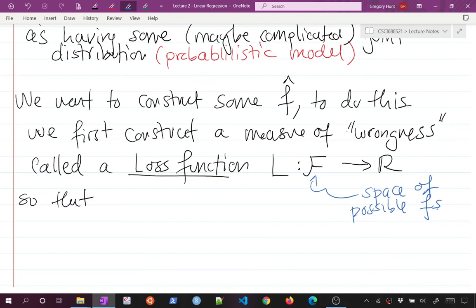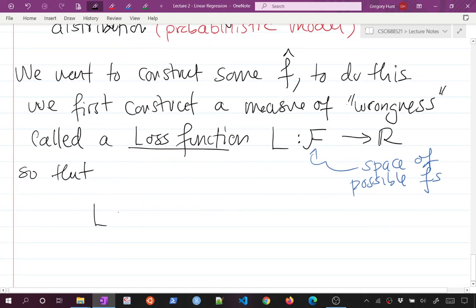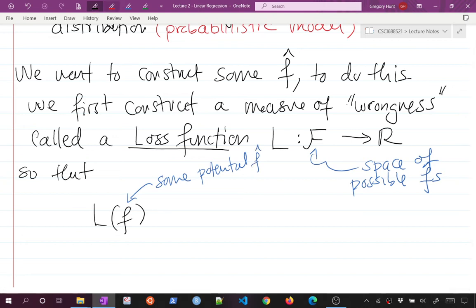Okay, so we want to find a good f hat. There's some space of possible functions out there, and we're going to create a loss function L that's going to take one of these possible f hats and spit us back a number. If I give my loss function some potential f hat, let's just call it f, then L of f is going to be some number that tells me how good a job that f does.